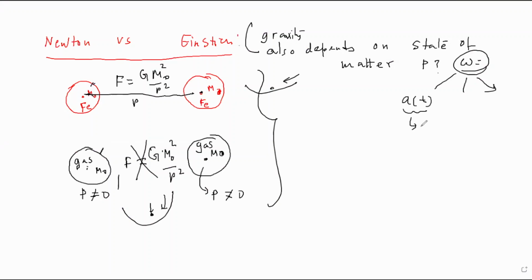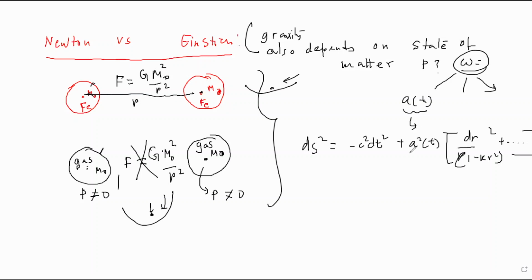So scale factor different means metric is different, because you know the scale factor goes into the metric. ds square is equal to minus c square dt square plus a square t, sorry, 1 minus k r square, dot.